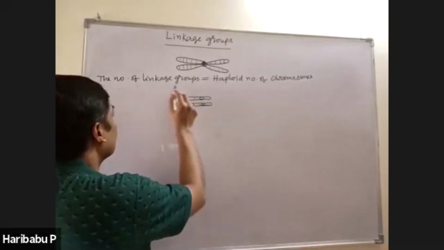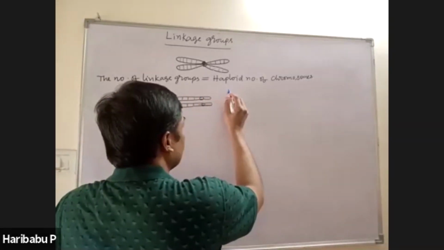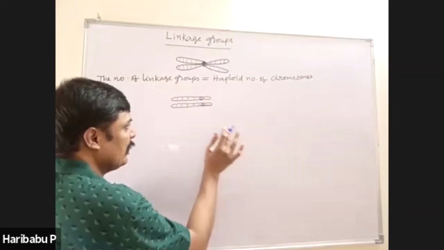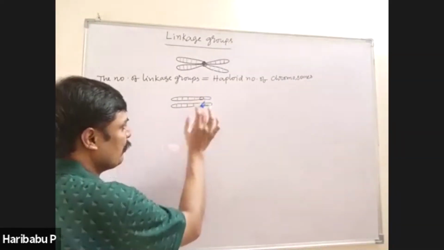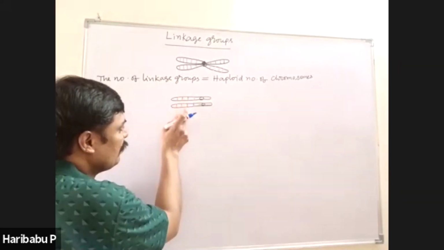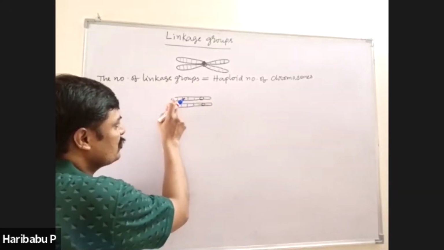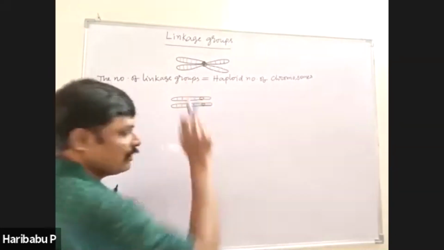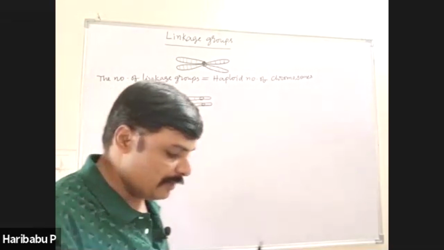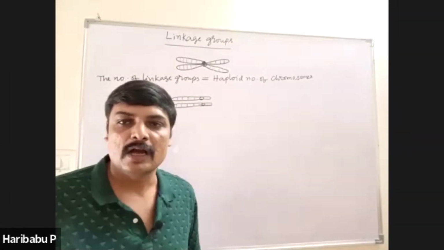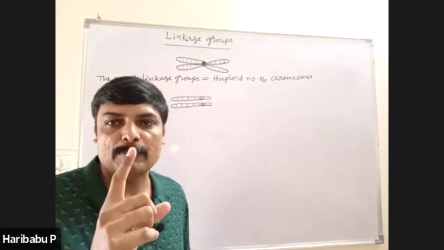Therefore, the total number of linkage groups in an organism is equal to its haploid number. Why do we consider the haploid number? Because diploid organisms have chromosomes in pairs. In a pair of homologous chromosomes, the genes present on one chromosome are similar to the genes present on the other chromosome. As both are the same, we consider only one.